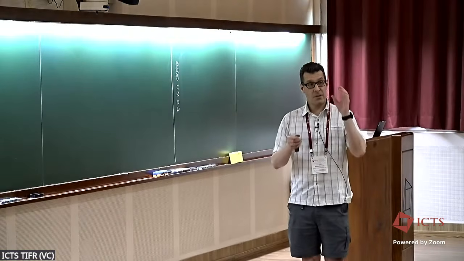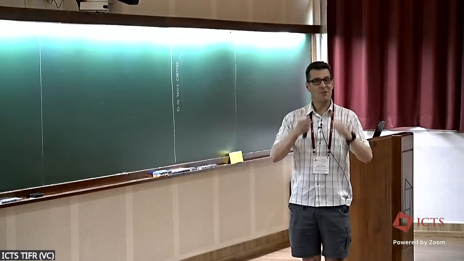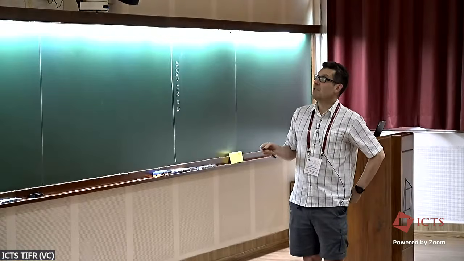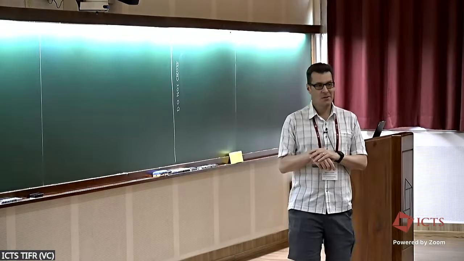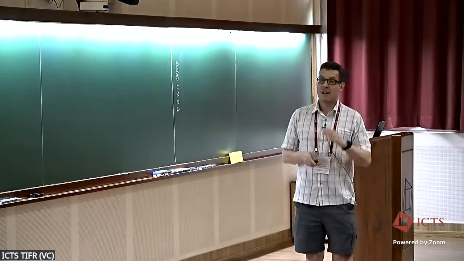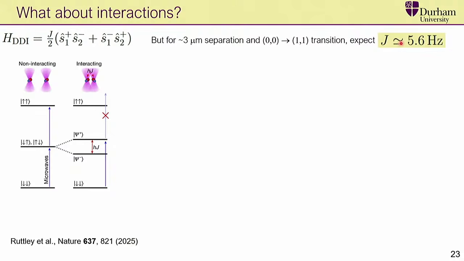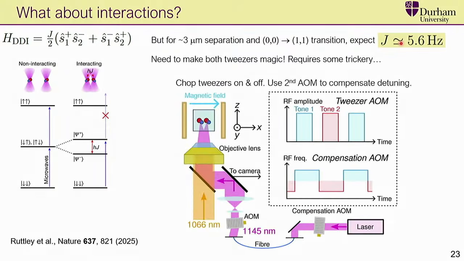Now, the fact that our tweezers are big means we can't get them very close together. So as advertised, strong interactions in molecules translates to about 6 hertz or so in this experiment, which is exactly the size of the energy shift I told you about. So we have to do a little bit of work to make both tweezers magic.